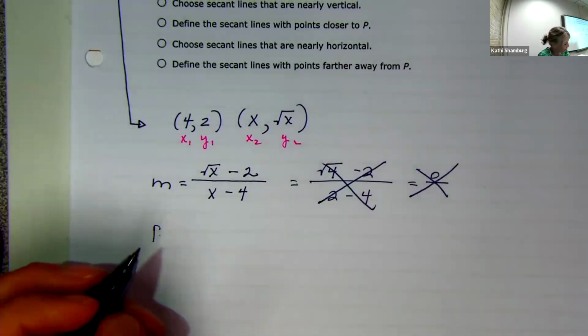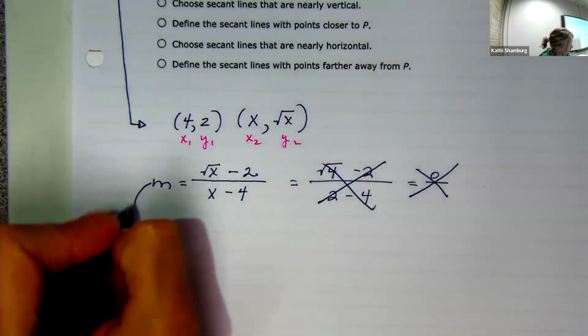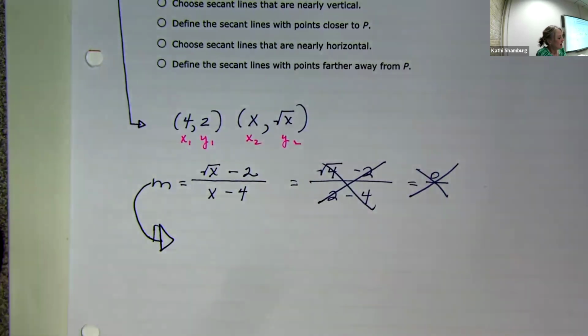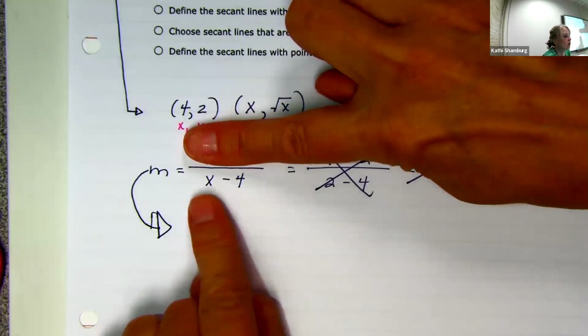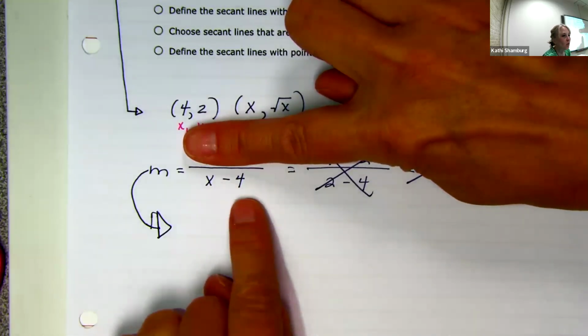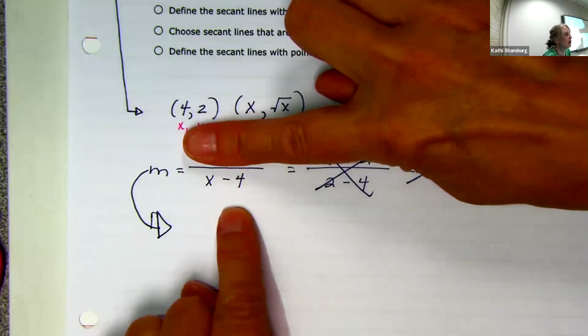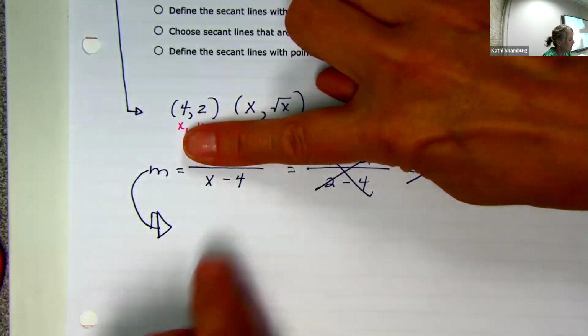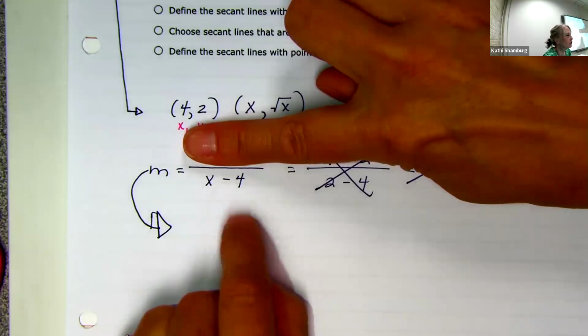All right, so this is the part you wouldn't know to do. Let me ask you something. If this were x squared minus 4, what would I have in the denominator? I'd have a difference of 2 squares, right? Okay. I can force this to be a difference of 2 squares.